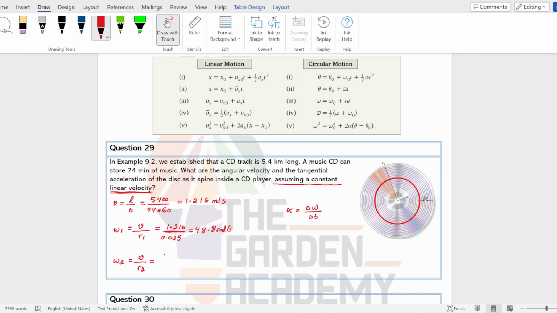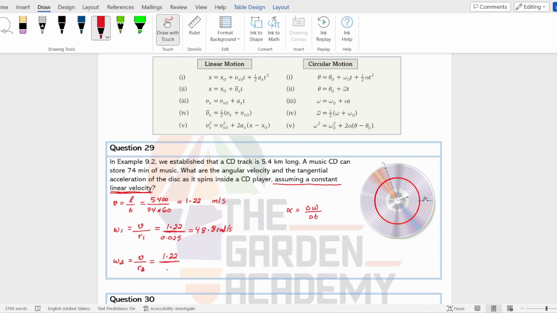What about the second one? This is 1.216. And by the way, we can write it down as 1.22 just for the simplicity, but we can keep it as 1.216.